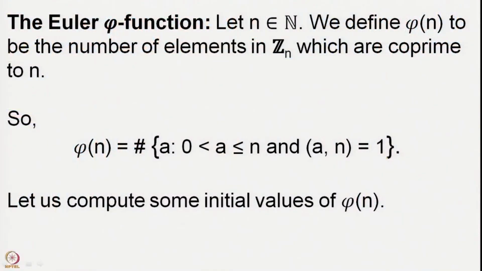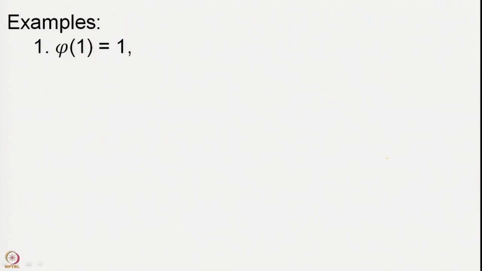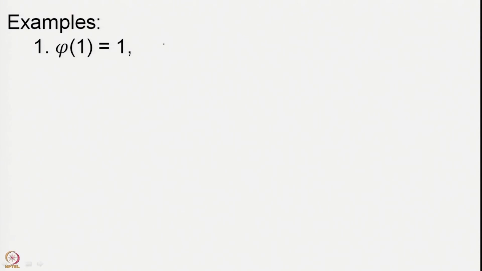So for the moment, let us try to compute some values of phi of n. Of course phi of 1 is 1, because there is the element 1 which is less than or equal to n, so here the number of elements that you are looking for is simply the singleton 1. This is the element which goes from 0 to n and has the GCD 1 with n itself being equal to 1.